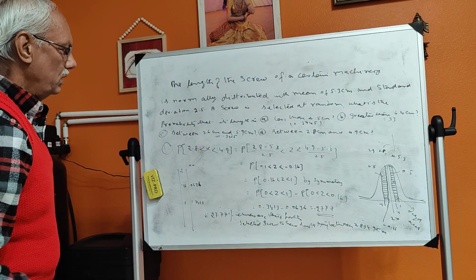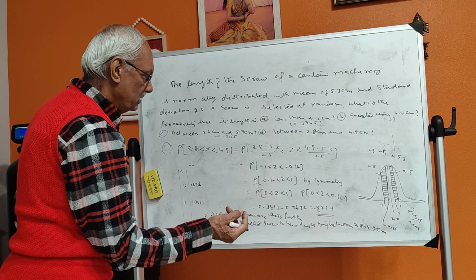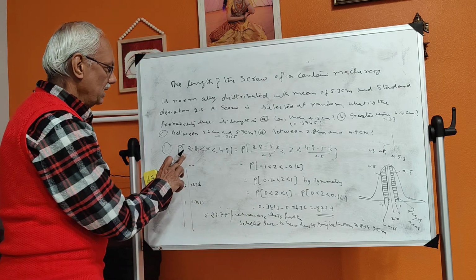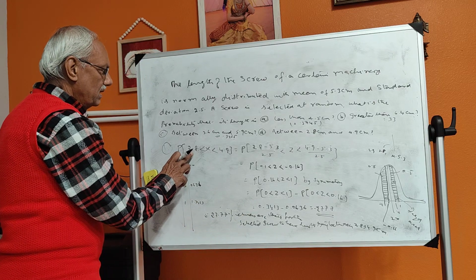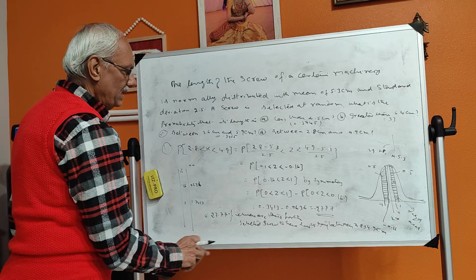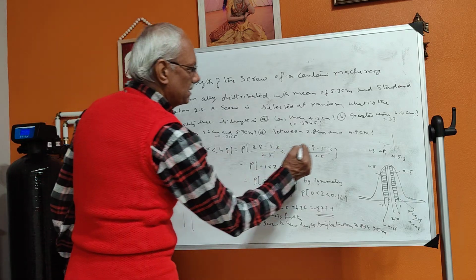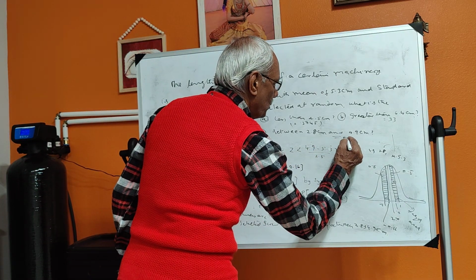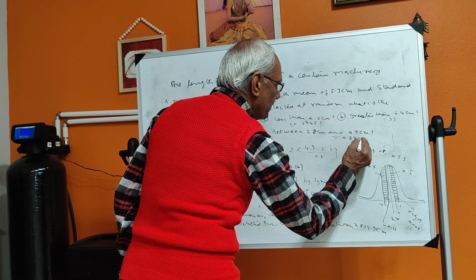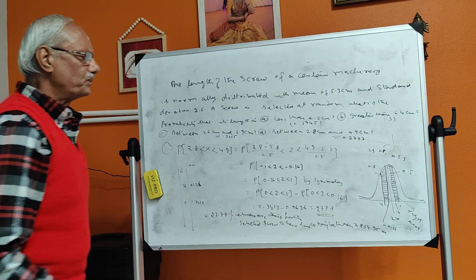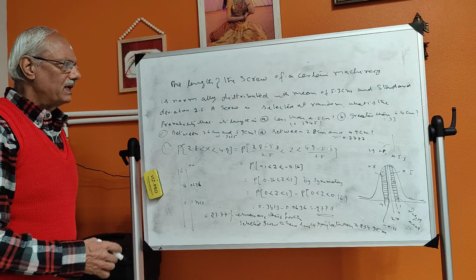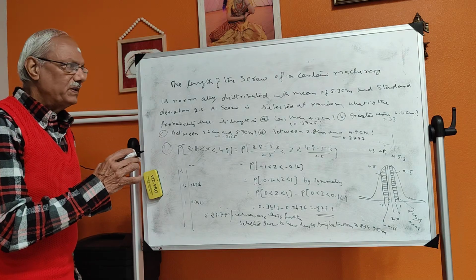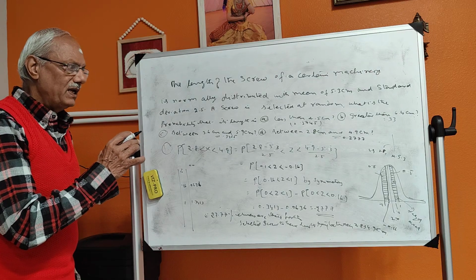So this is all. If you select the screw, what is the probability that the length can lie between 2.8 and 4.9? The answer is 0.277 chances.